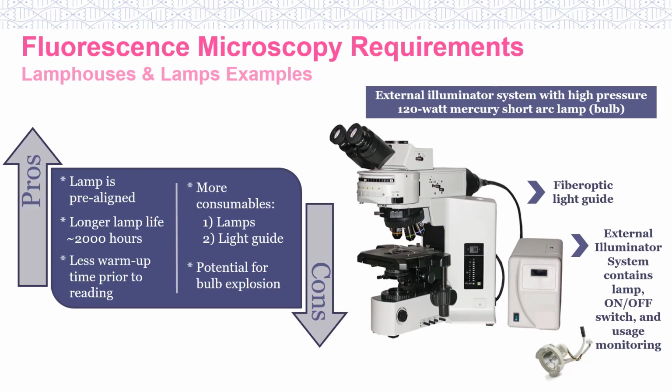Compared to the illuminator in the previous slide, this system provides the convenience of the lamp being pre-aligned in the housing, the mercury lamps having a longer life, approximately 2,000 hours worth, and the lamp requiring less warm-up time before reading. One of the disadvantages of the external illuminators is that your lab will have more consumable products to replace, which include both lamps and light guides, and these bulbs still have the potential for explosion.